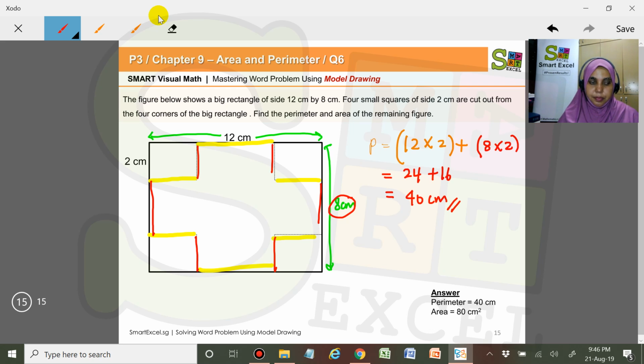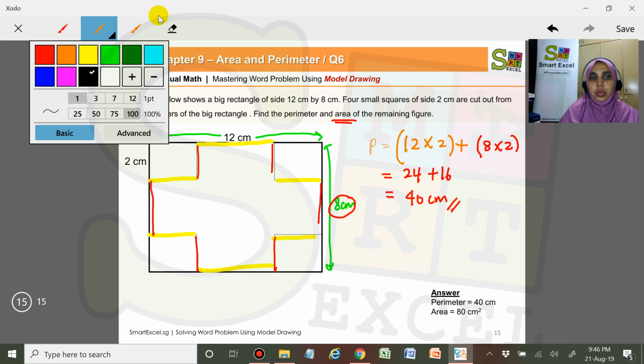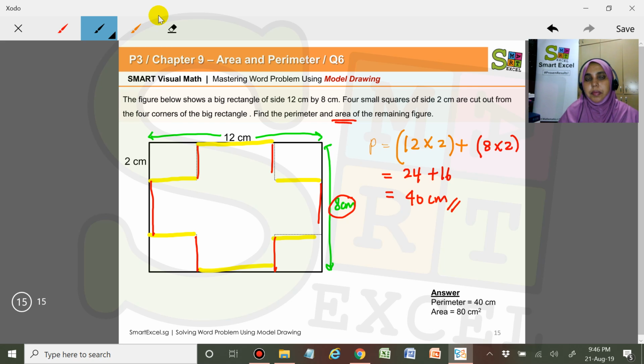Now let's go to the B part, which they ask for the remaining area. I want you to see something. It is the big rectangle here, because they say this corner here is an equal square, right?